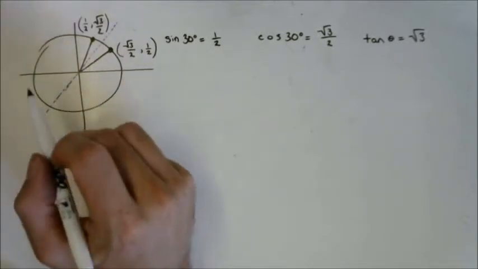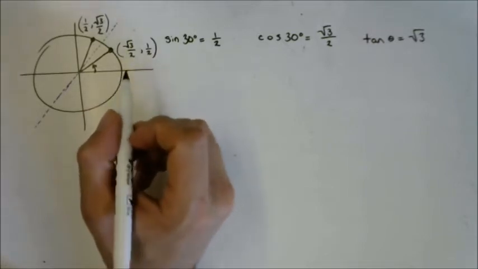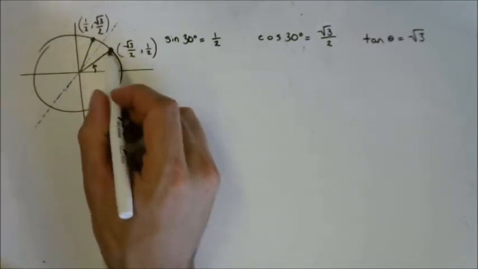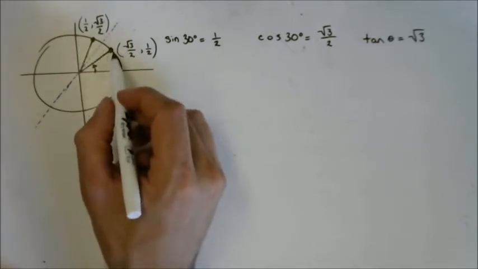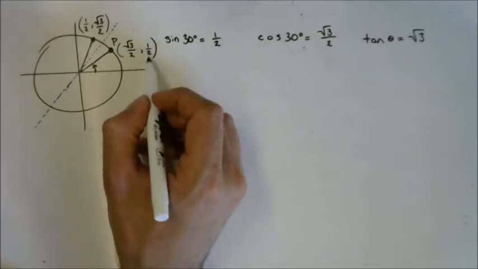So when working in a unit circle with an angle of 30 degrees, we found out that the point where the terminal arm meets the outside of the unit circle, the coordinates of that point are radical 3/2 and 1/2.